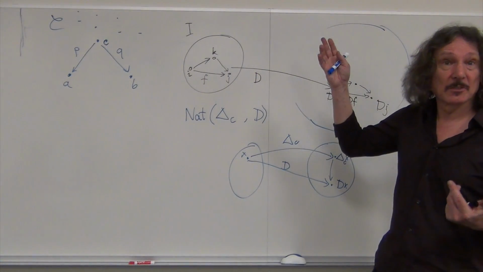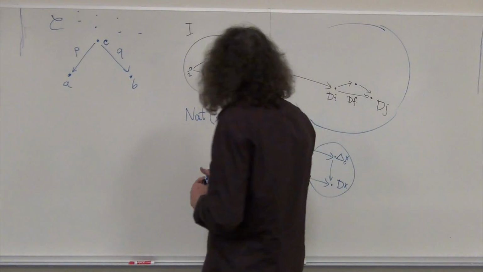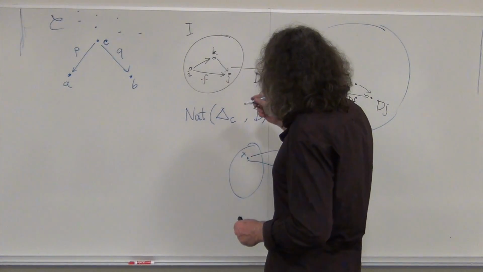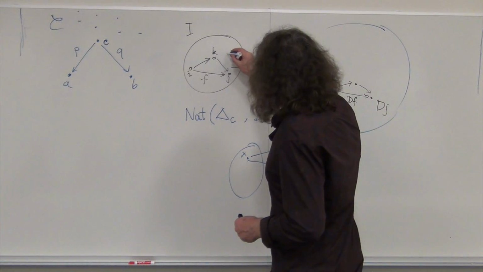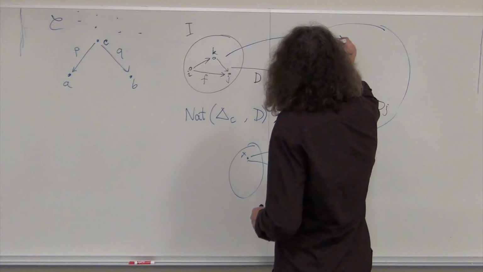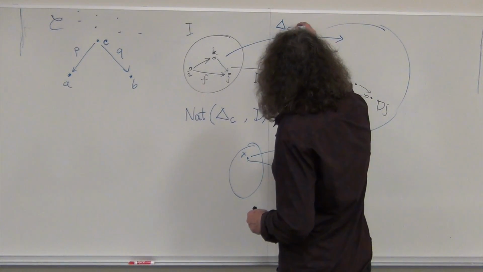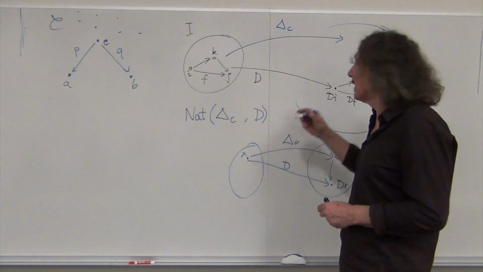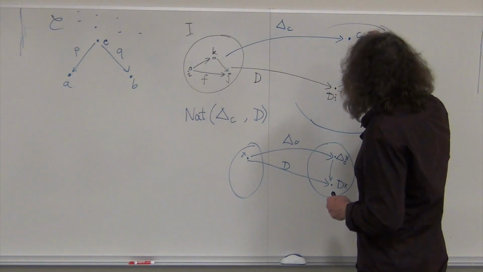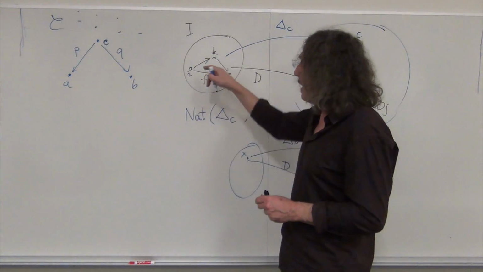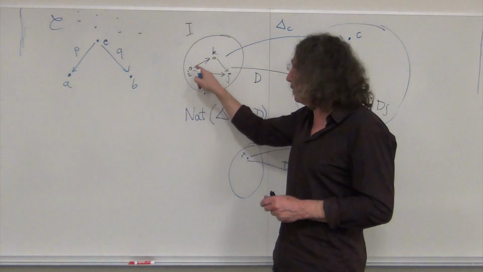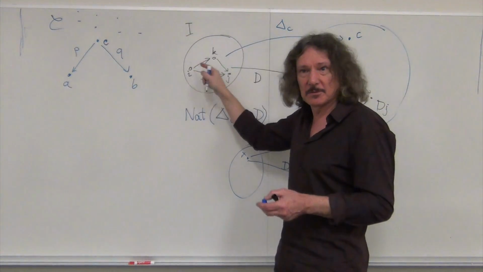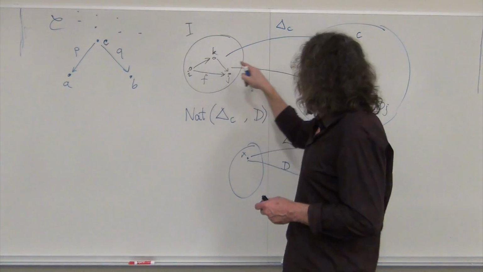It's a diagram functor. Okay? Now, as before, we will have this delta C. Same thing. It maps the whole thing into one object C and maps all of these morphisms, including identity morphisms, which I don't draw anymore because I'm too lazy. Right?